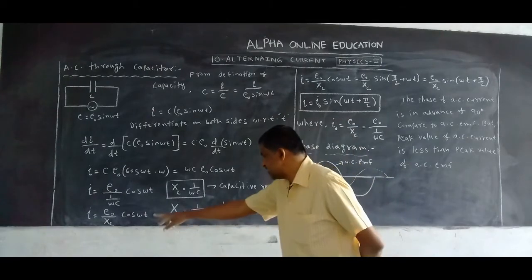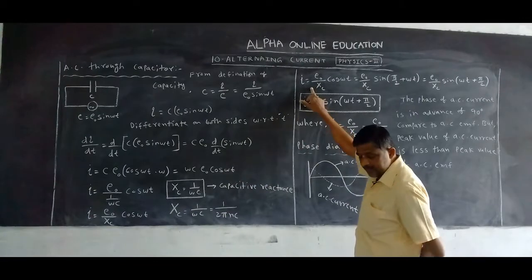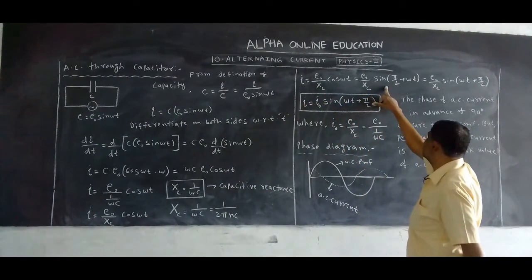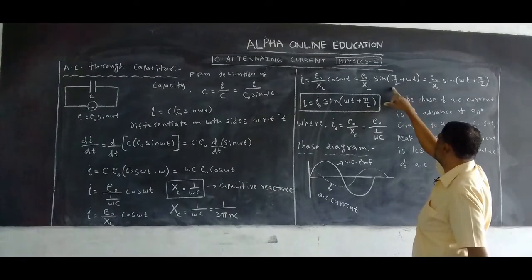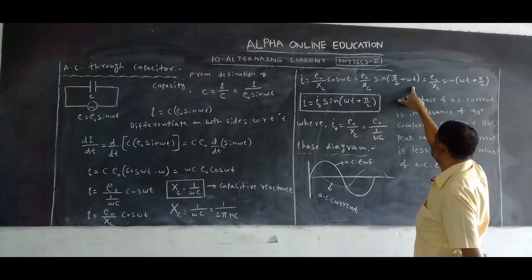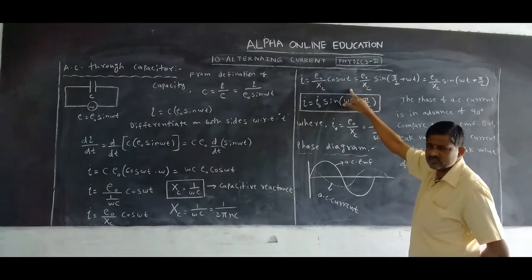I is equal to E0 by XC cos omega t, that I have taken here. We can write cos omega t as sin of pi by 2 plus omega t, since sin of pi by 2 plus omega t is cos omega t.